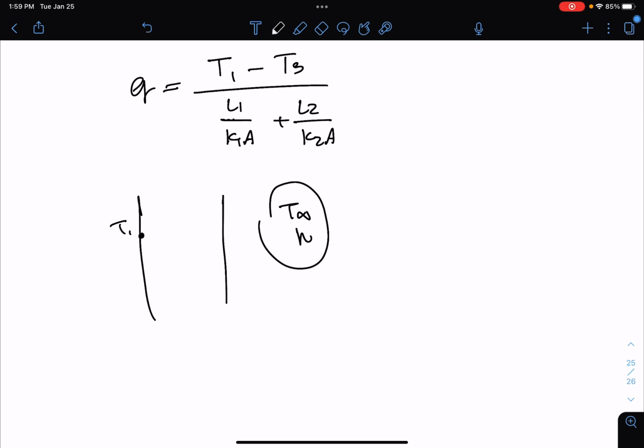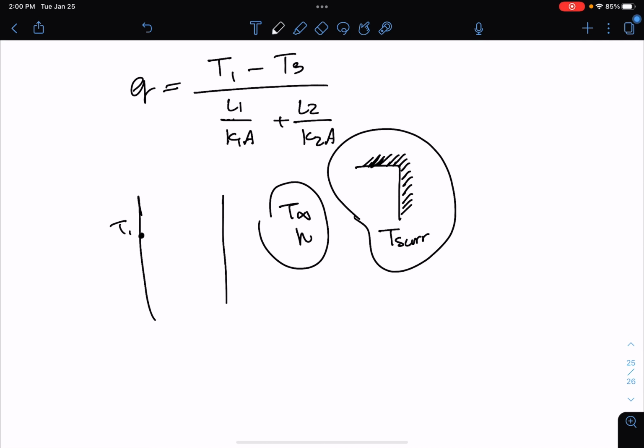On one side we have constant temperature, on the other side we have airflow. And also, we can do the same analysis with radiation. Whenever you see this sign, it tells you that you have radiation present. Whenever you have this sign, it tells you that you have convection present.